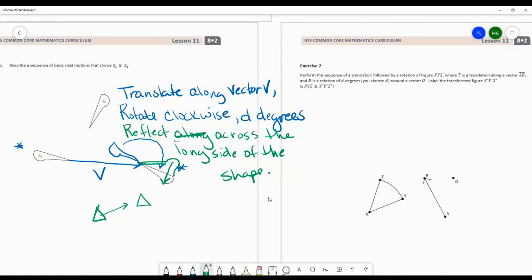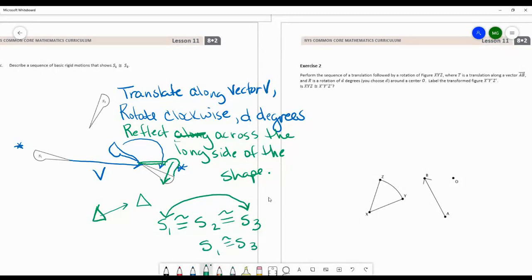We know that it didn't change just because we did some rigid motion to it. So if S1 was congruent to S2, and we know that S2 was congruent to S3, then we also know that these two outer ones must be congruent also.